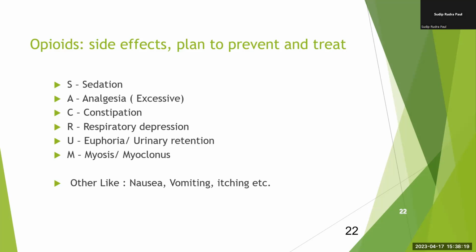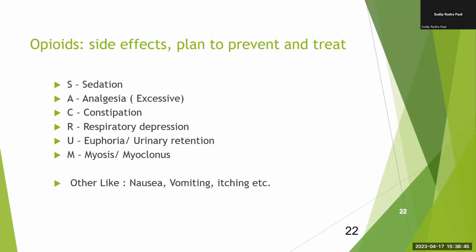Those who are working in ICUs know that they need to see the patient's pupil, but don't use a torch while you are assessing the patient's pupil for opioids, because you cannot differentiate whether the pinpoint pupil is because of your torch or because of opioids.